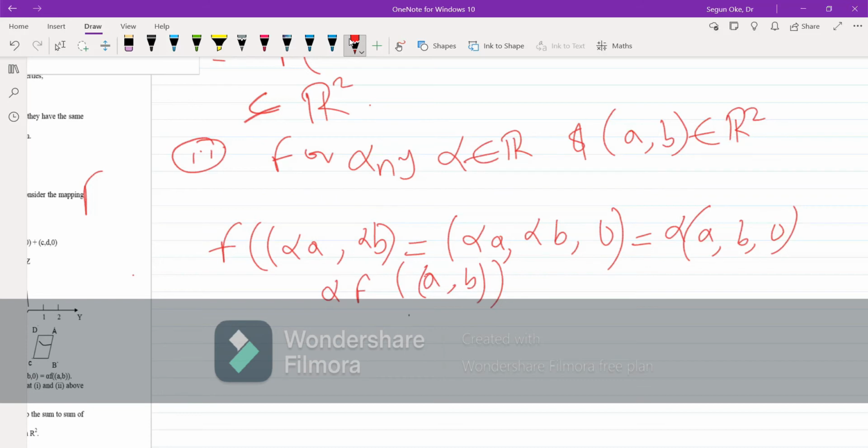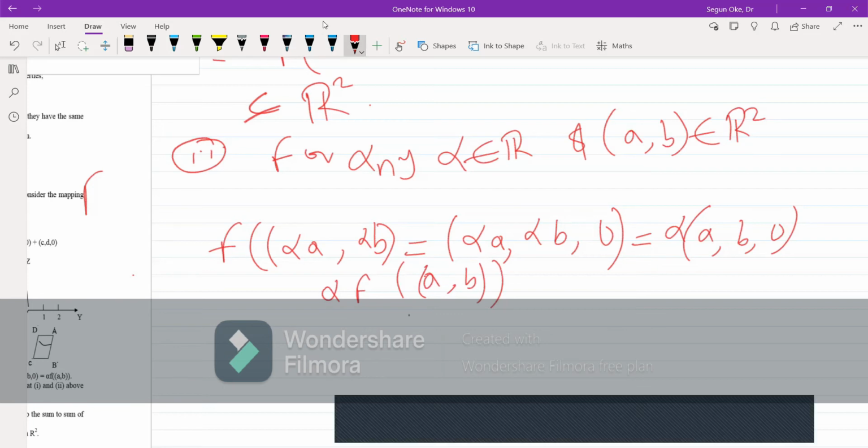So in this case, we have the function f between the vector spaces such that condition 1 and condition 2 above are true.